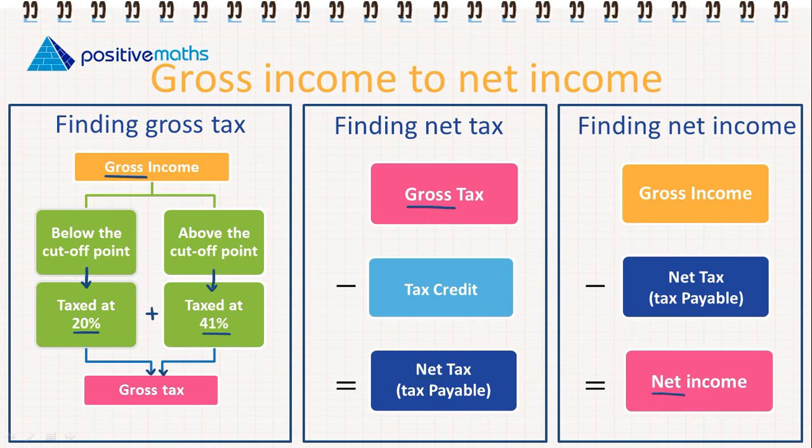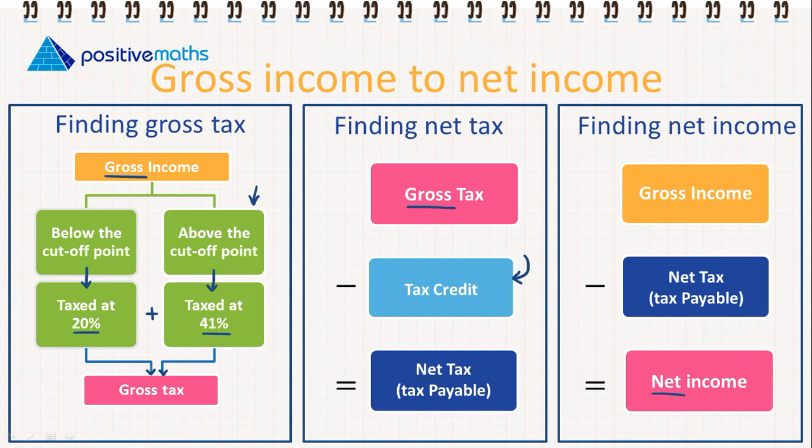So when it comes to problem solving, we need to be able to calculate net income given our gross income and other bits of information. But we also need to be able to calculate different parts of this table. So we may need to calculate our tax credit. We may need to find cutoff points.